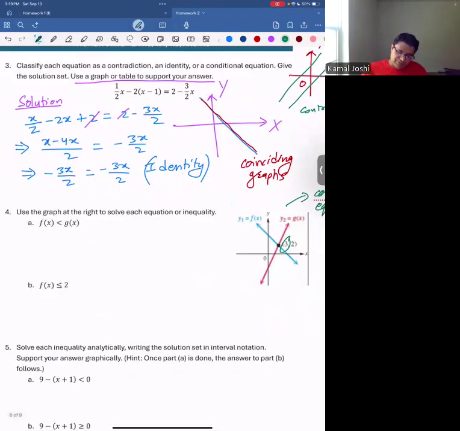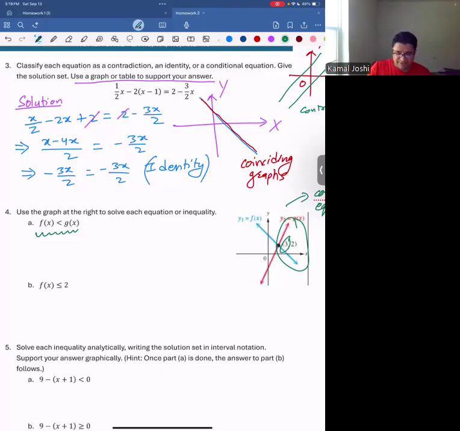Using the graph at the right, solve each equation or inequality. f of x is less than g of x. Look at the graph. The blue is f, the red is g. So if you want f to be less than g, you are in this territory, right? The blue line is below the red line.